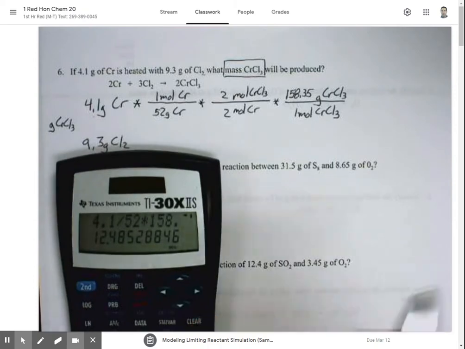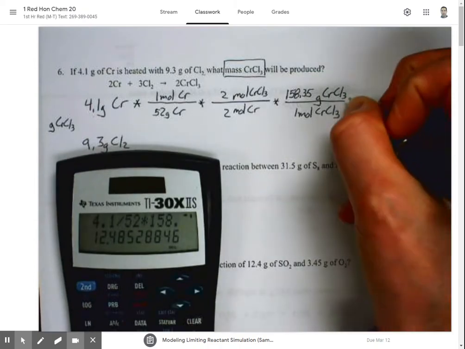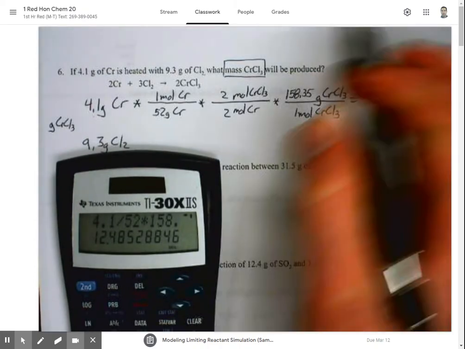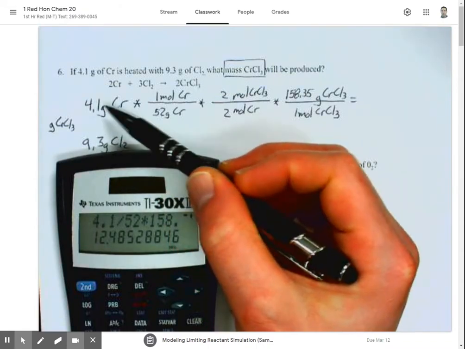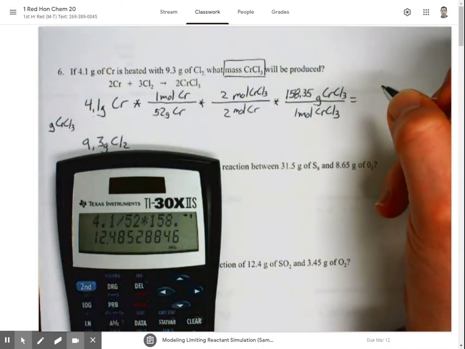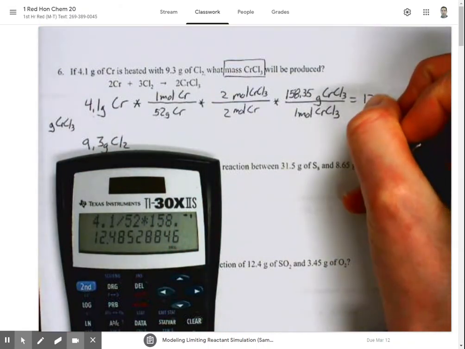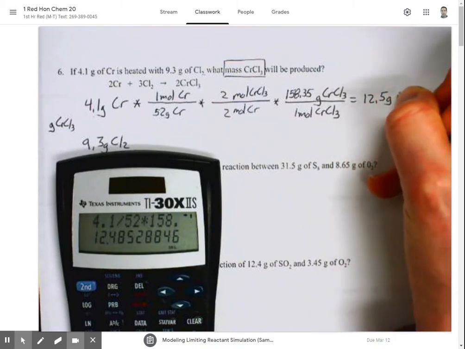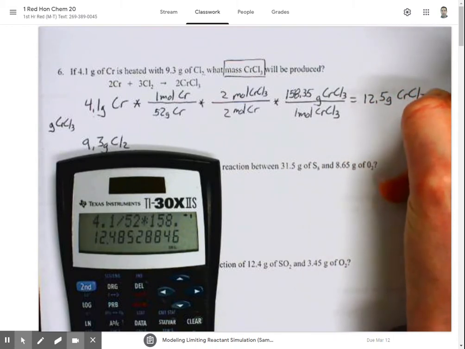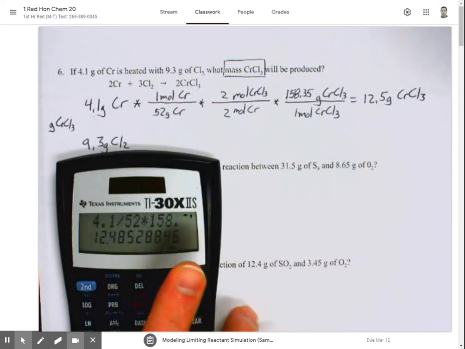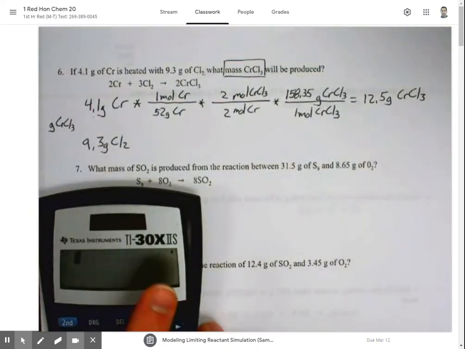And that amount is 12.49 grams. Or in this case, since we only have 2 significant figures, really we should just say 12. We'll say 12.5. I don't think the person who made this problem was thinking about significant figures.